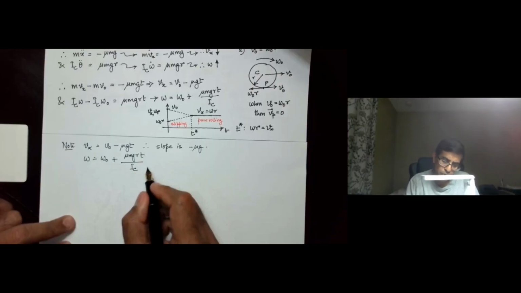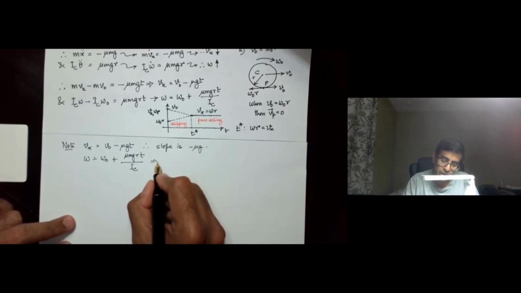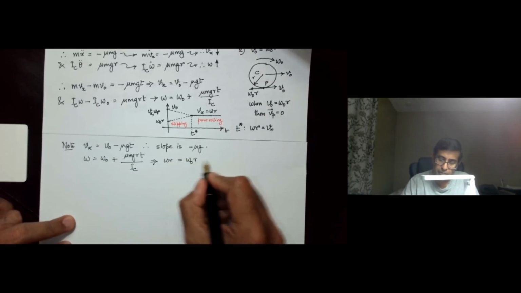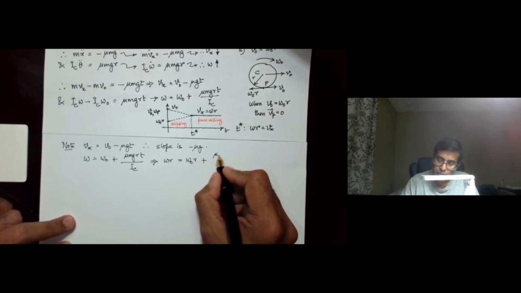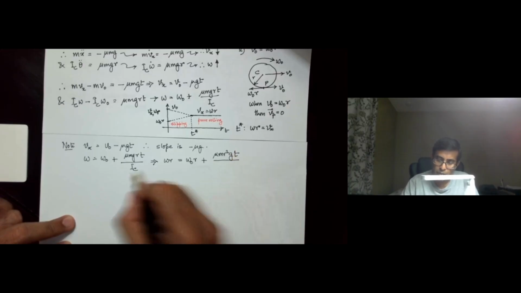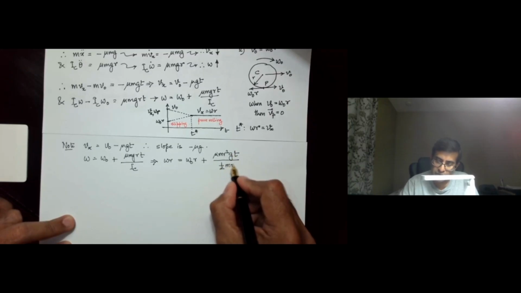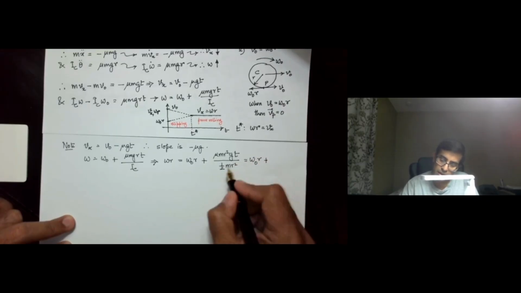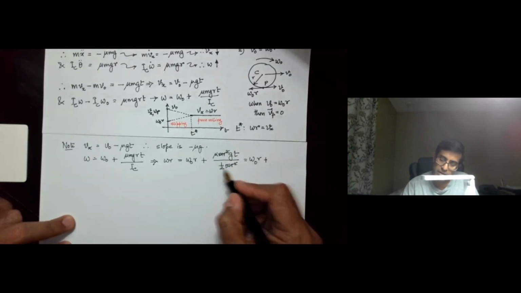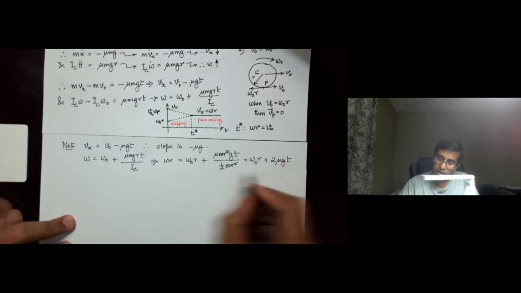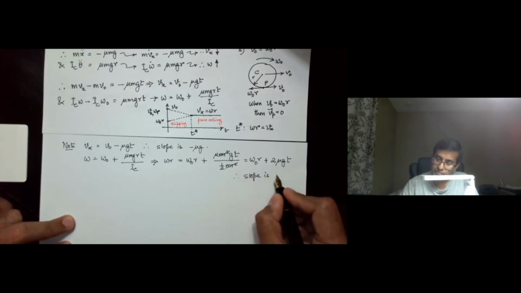But since we are going to plot omega r and not omega, we'll multiply both sides by r, and we'll have mu m r squared g t divided by, and now we'll substitute half m r squared, that's going to give us omega naught r plus, m r squared is going to cancel, so plus 2 mu g t. Therefore the slope is 2 mu g.